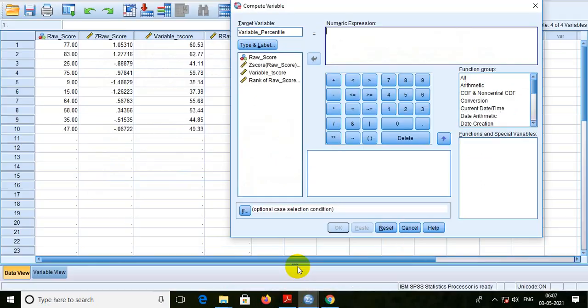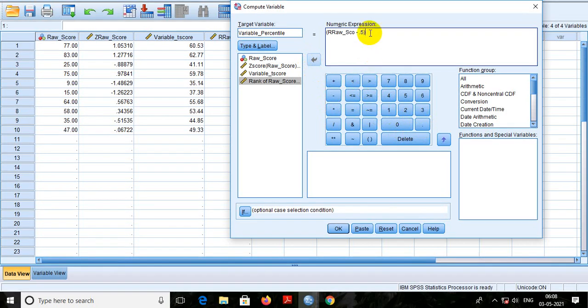This is the same way we do this one. If we put the rank here, and then minus 0.5, okay, and then in the outer place we put division by the sample.